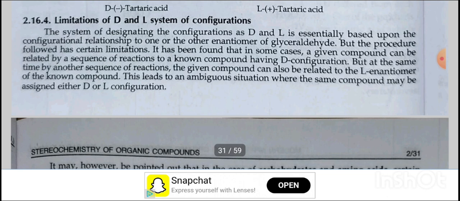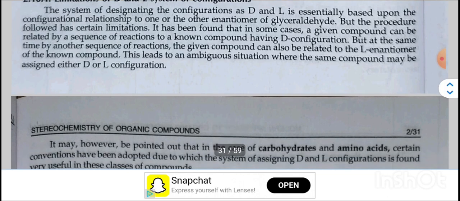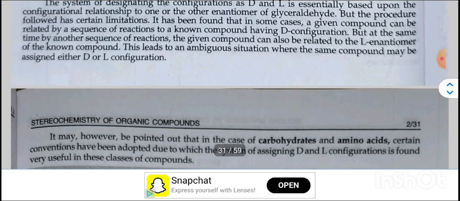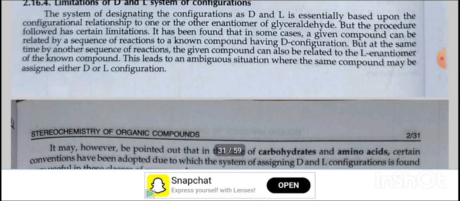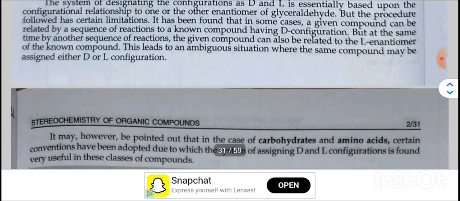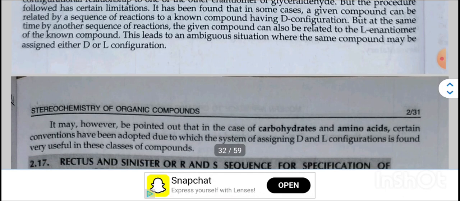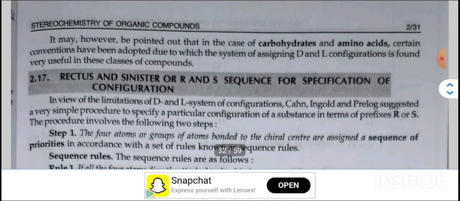It has been found that in some cases a given compound can be related by a sequence of reactions to a known compound having D configuration, but at the same time, by another sequence of reactions, the given compound can also be related as L to the enantiomer of the known compound. This leads to an ambiguous situation where some compounds may be assigned either D or L configuration.